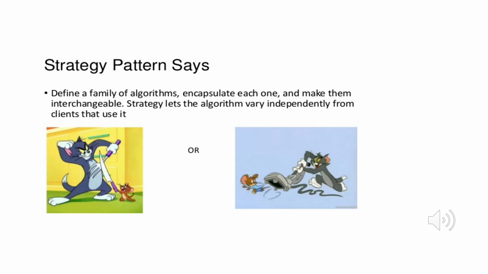To understand Strategy and the Policy pattern, I have given a few examples from the real world. Many of you have seen the very famous cartoon Tom and Jerry. You can see that in each episode, the main objective of Tom is to catch Jerry, and he adopts different policies, different strategies. He makes different strategies to trap Jerry.